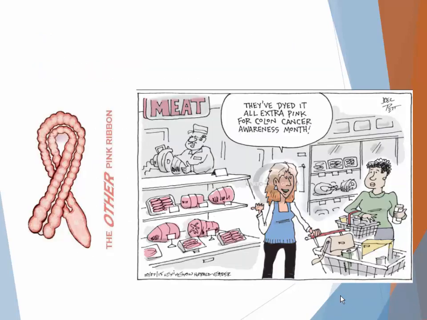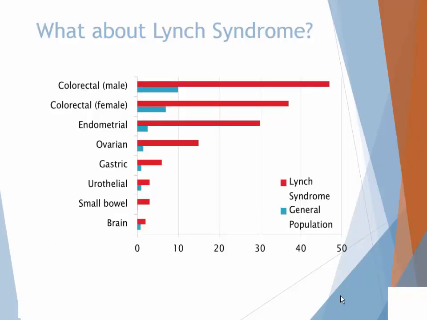I'll just quickly touch on the fact that unfortunately there's not great awareness about familial bowel cancer, and yet it's actually even more common than the BRCA mutations. As I said before, BRCA has a population frequency of 1 in 500. Lynch syndrome has a population frequency of 1 in 250 to 1 in 300 people.